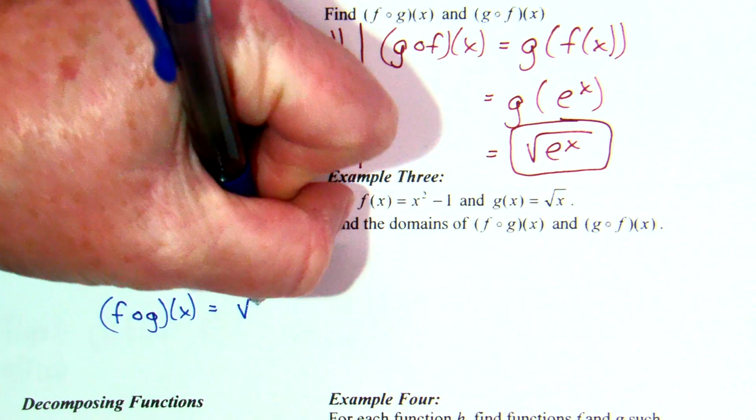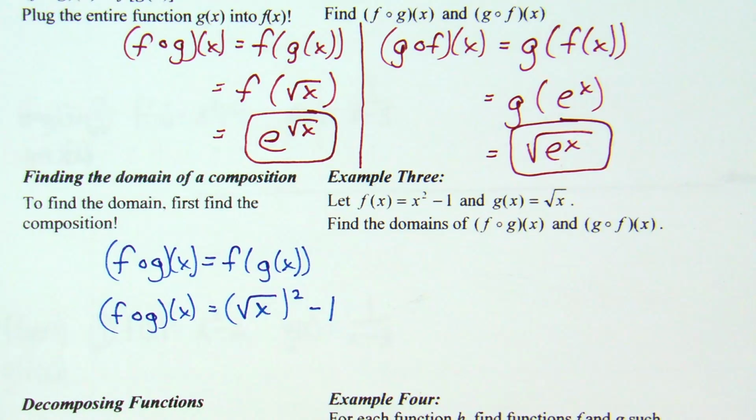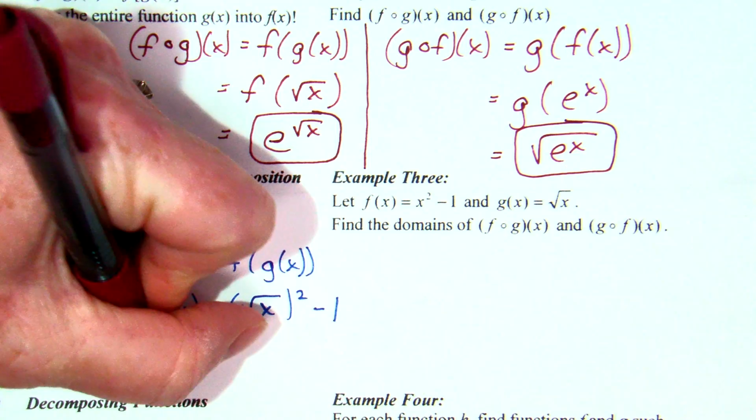I took the square root of x and I put it in place of this x right here. So I then squared that value. Now, I already heard someone out there say square root of x squared is x. And if my whole job here was to simplify, I would simplify and say it is x minus 1. Now, we are being asked to find the domain, though.